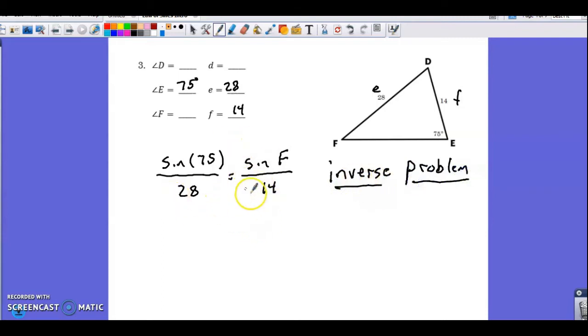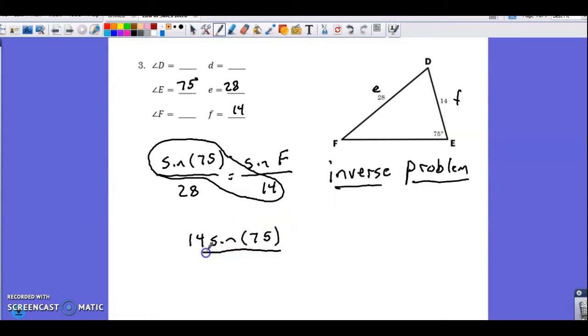So when you cross multiply this one, it turns out these two are the numerical ones, the 14 and the sine of 75. So you do 14 sine 75 divided by, what's left over is just 28, not the sine of 28, just it's a side, so just 28. What that's going to give you is the sine of angle F. It's going to give you some small decimal number, not the angle.